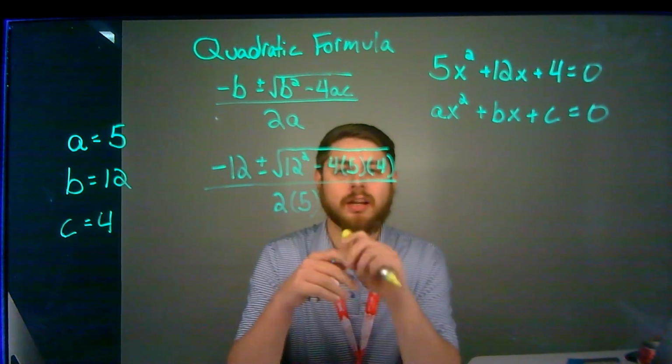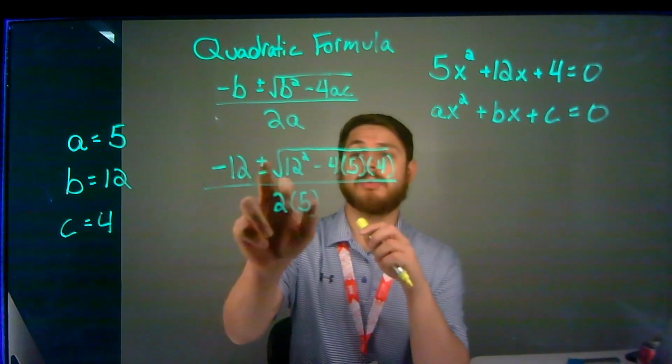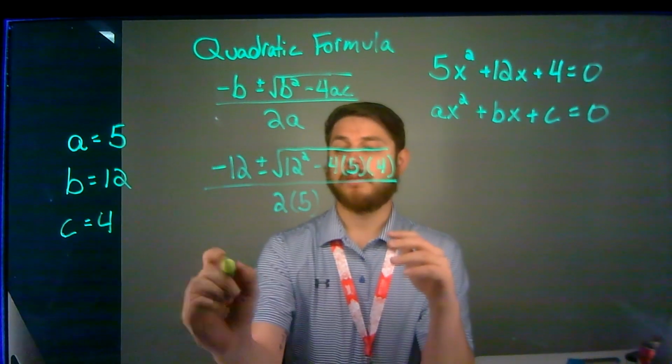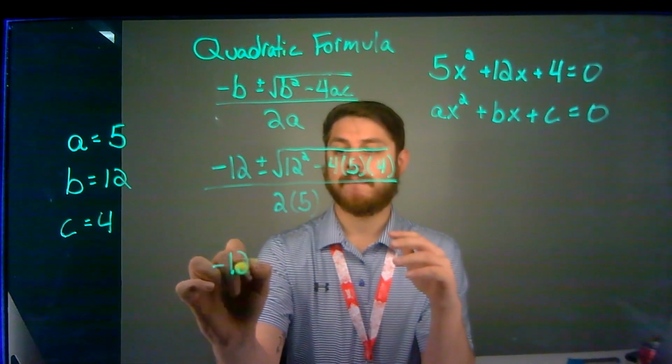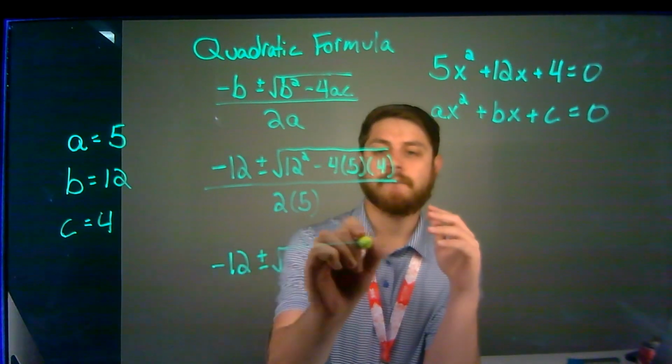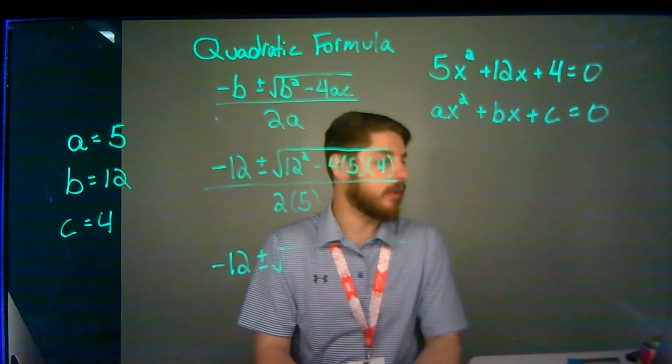down as far as I can, and I'm going to end up with two answers, one that's plus this and one that's minus this. So I'm going to leave the negative 12 for now. And I'm going to simplify what I have here.